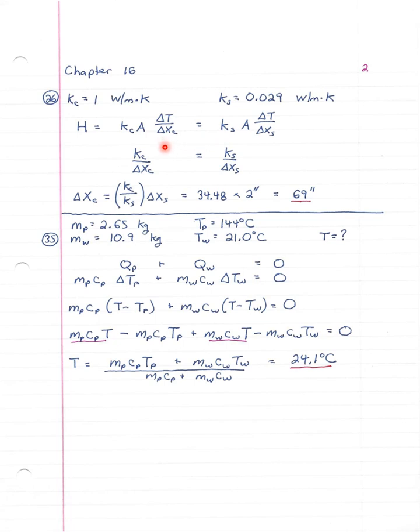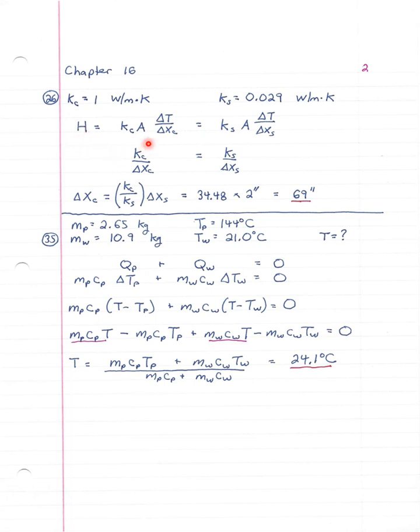So here I have the heat loss for concrete, K sub C, A delta T over delta X of C, the thickness of the concrete, equals, on the right-hand side, the heat loss formula for the styrofoam. Many things divide out.